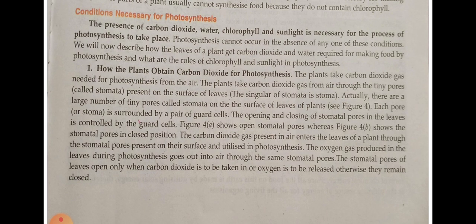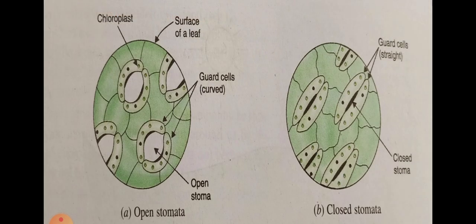You see in the figure, the first figure shows open stomatal pores and the second shows closed stomatal pores. Carbon dioxide gas present in the air enters the leaves of the plant through the stomatal pores present on their surface and is utilized in photosynthesis.